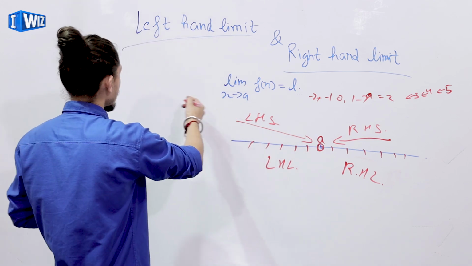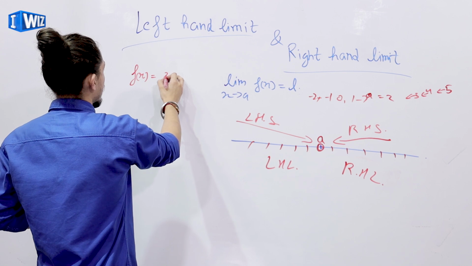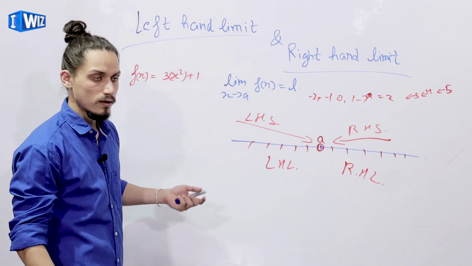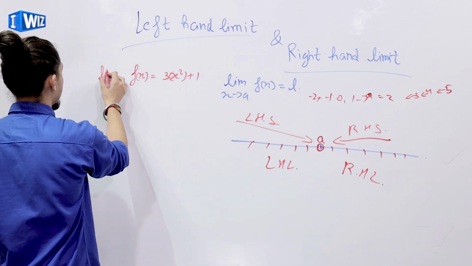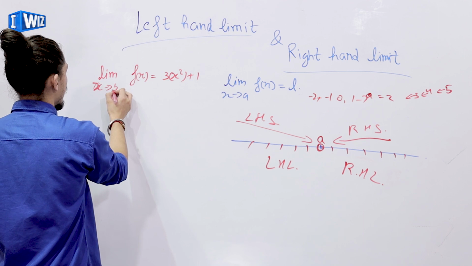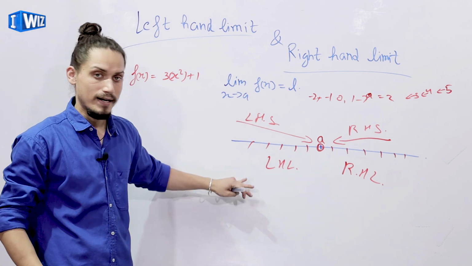So suppose मेरे पास कोई function है f of x is equal to 3x square + 1. Cool, मेरे को इसकी value निकालनी है limit at x approaches 5. Cool, तो मैं इसकी limit left hand side से भी निकाल सकता हूँ, right hand side से भी.